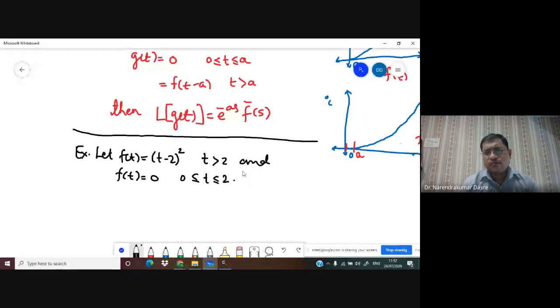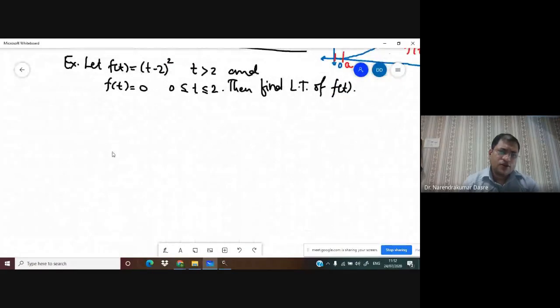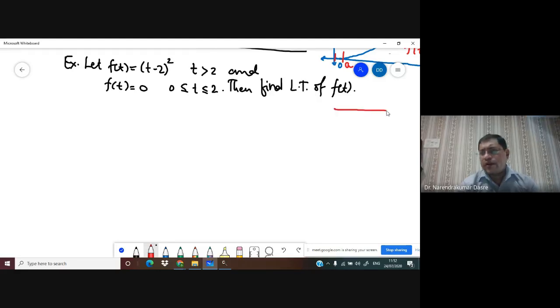Then find the Laplace transform of f of t. This is the question that we have. One thing you always have to remember: our time starts at 0 and moves towards infinity. So this is the time scale.